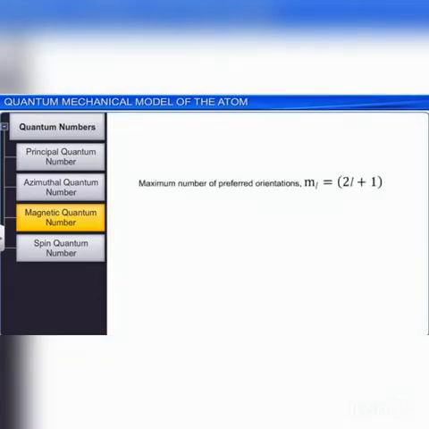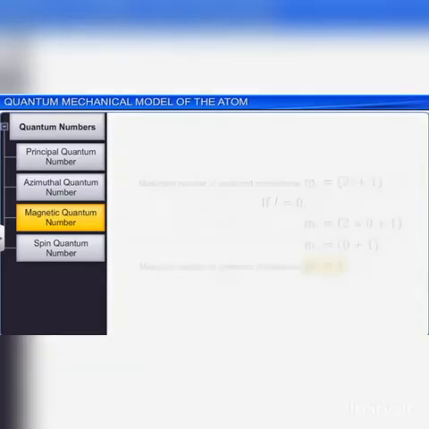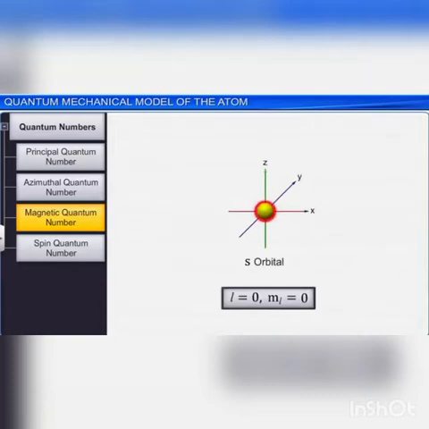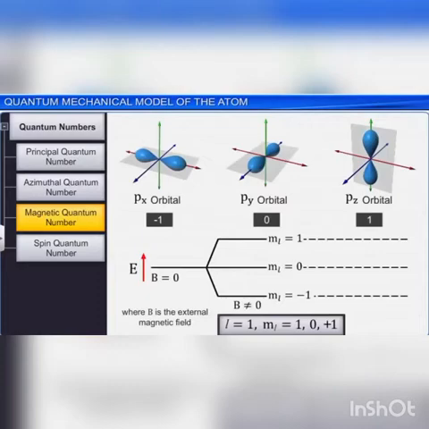Hence, for L equal to 0, the number of preferred orientations is equal to 1. Thus, the s subshell can have only one orientation in space and only one orbital. For L equal to 1, the p subshell can have a maximum of 3 orbitals with orientations along the 3 axes.